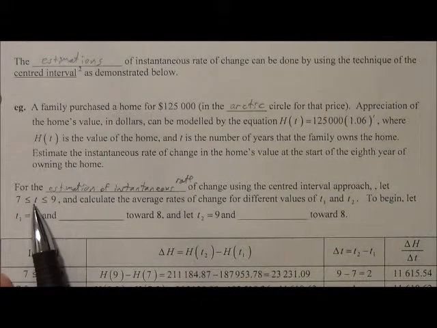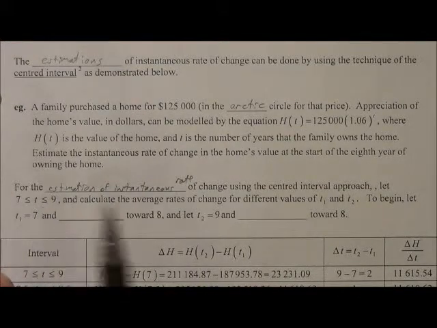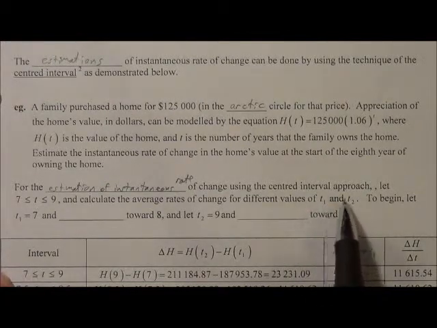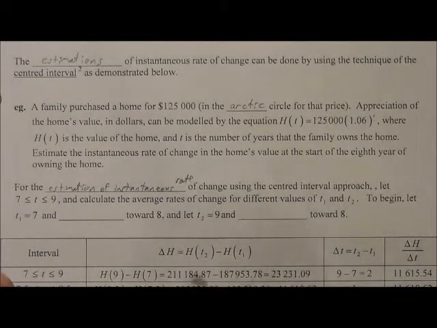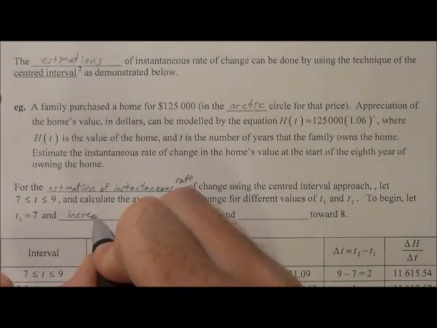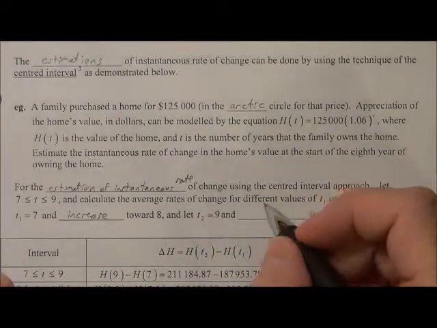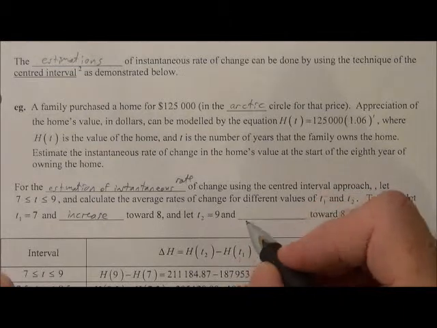So we want t between 7 and 9 years, and then we're going to calculate average rates of change like we've been doing between different values of t1 and t2. So first we're going to say t1 is 7 years, and t1 is going to increase toward 8, and we're going to let t2 equal 9 years and decrease towards 8.